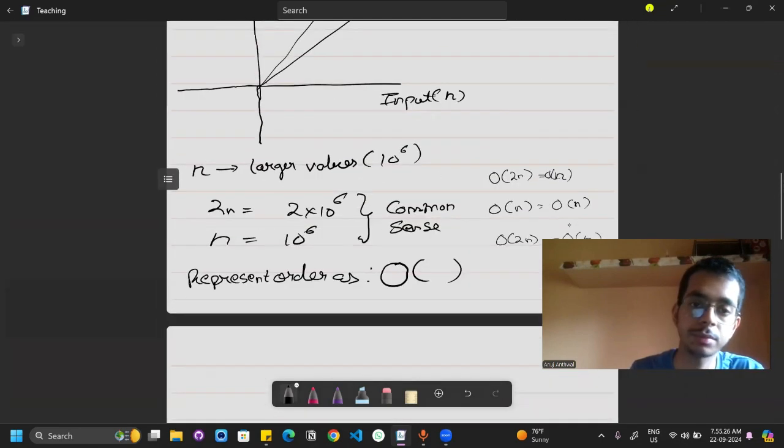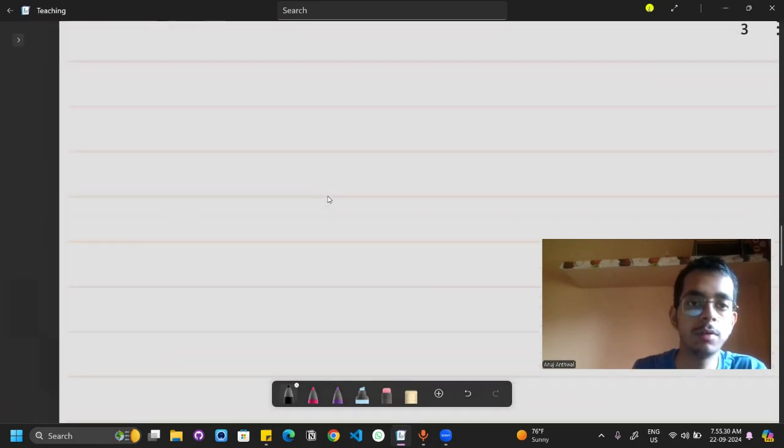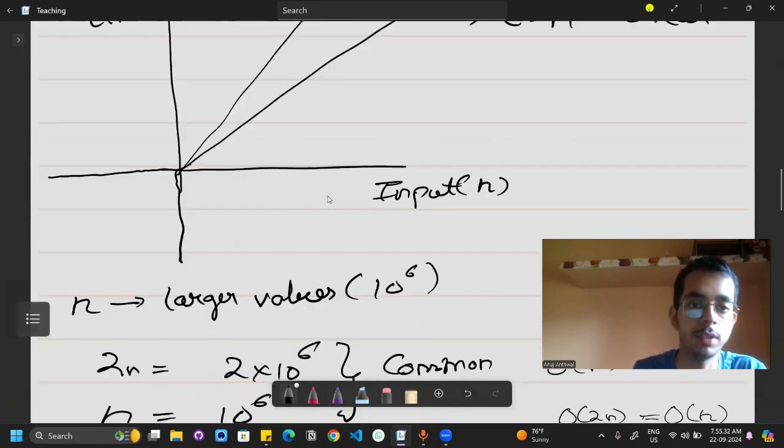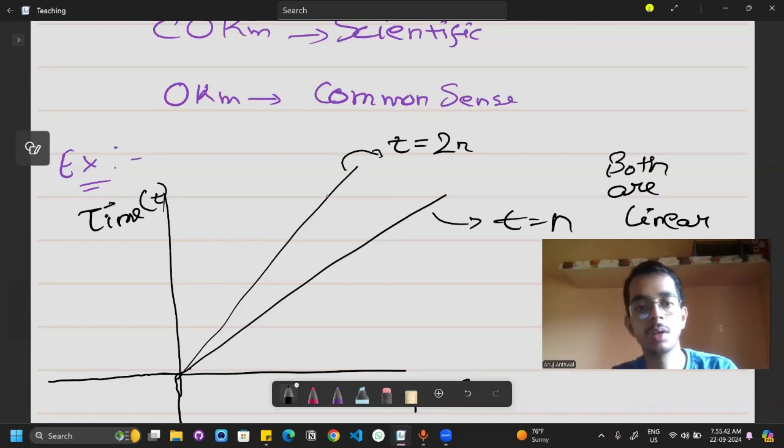Okay. So what we have is very nice. We knew that they have the same kind of pattern on the graph. They have a linear line on the graph, and they have the same order.